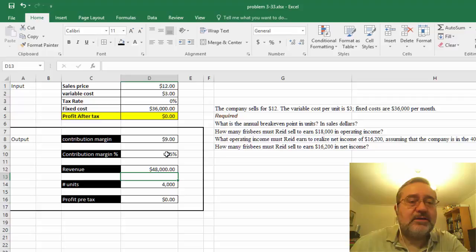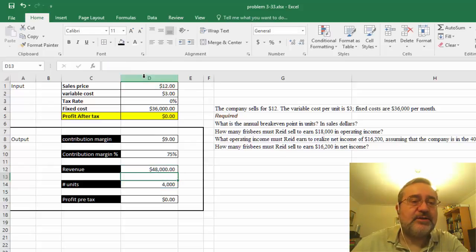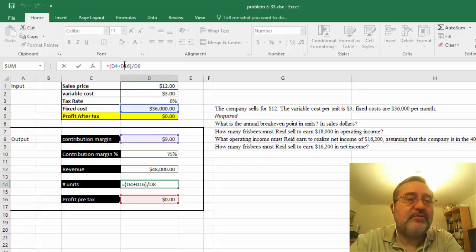The next item is the revenue. Revenue is essentially the number of units that we calculate, and I'll get to that in a minute, times our sales price. And the number of units is our typical formula, which essentially is our fixed cost plus our pre-tax profit divided by our contribution margin.